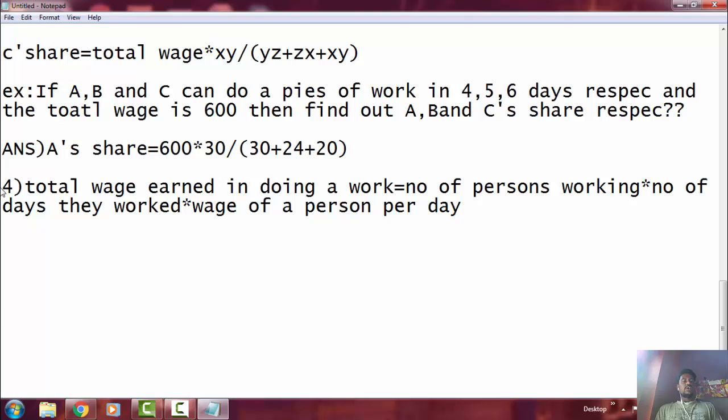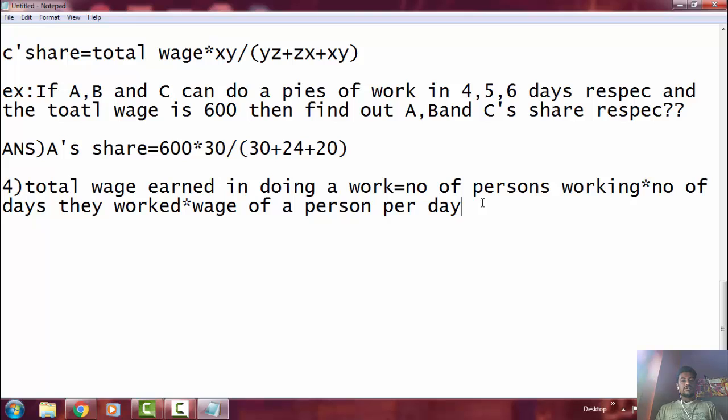Total wage earned in doing a work is equal to number of persons working into number of days they worked into wage of a person per day. From this formula, you can do as many simplifications as possible. You can find the number of persons, the wage of a person per day, the number of days they have worked, or the total wage earned.